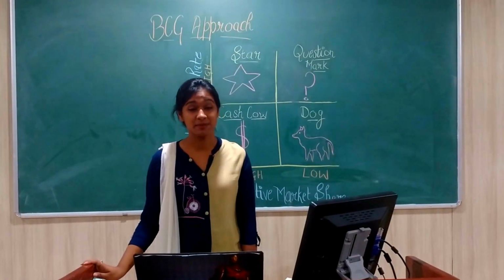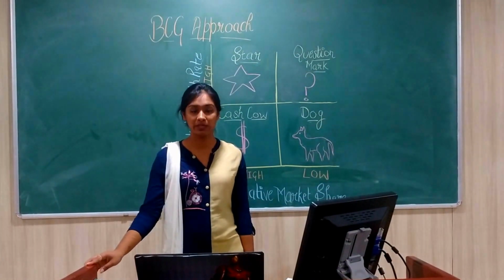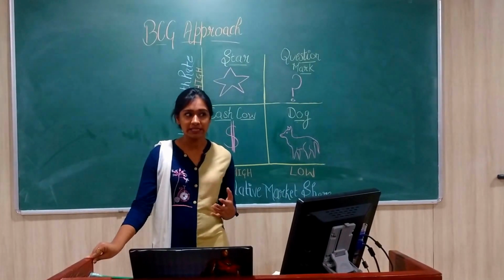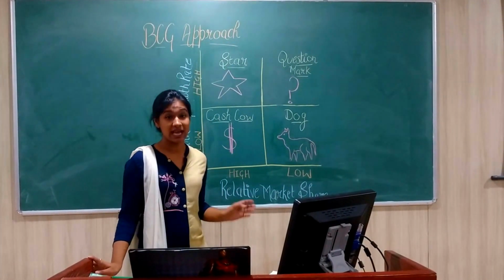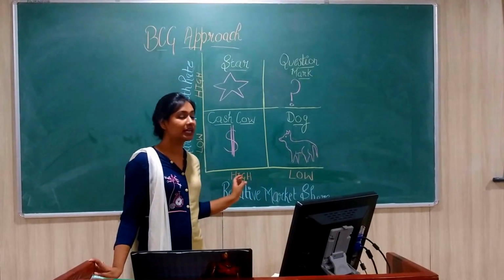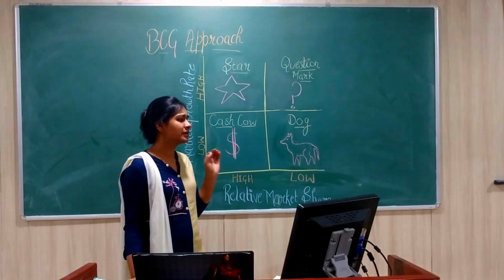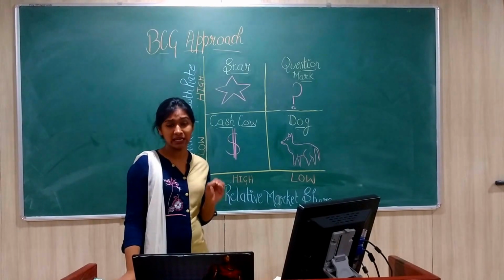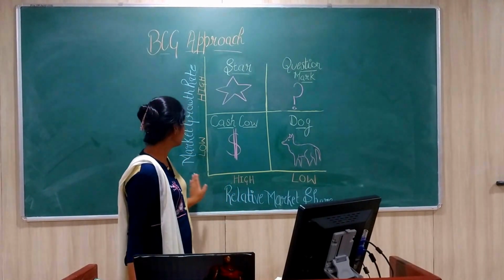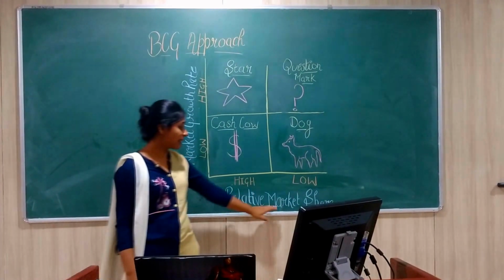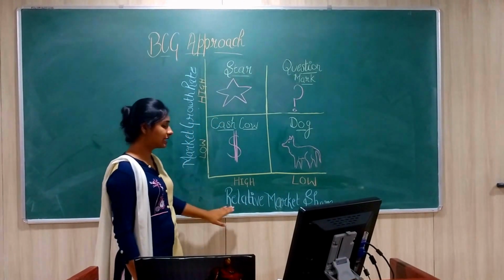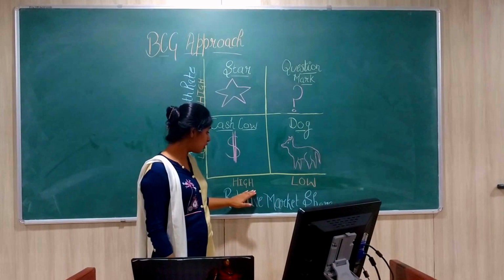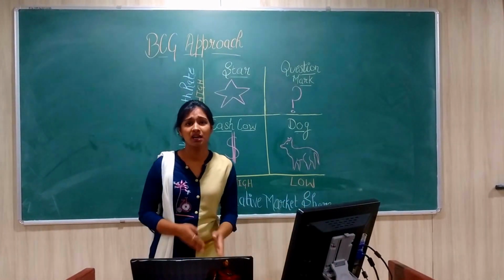The BCG matrix helps us manage the cash flow in companies. Or we can say that it is a comparative analysis of the business potential and the evaluation of the environment. We can do this analysis with the help of the market growth rate and relative market share, which can be either low or high.